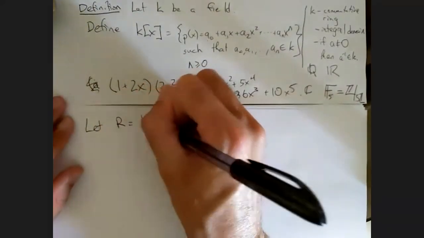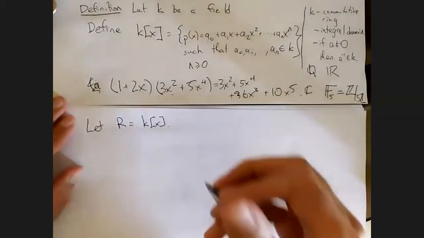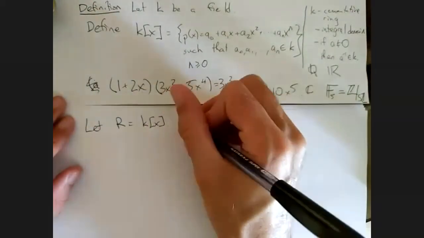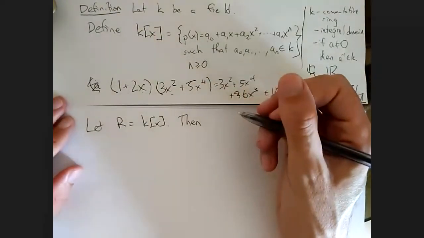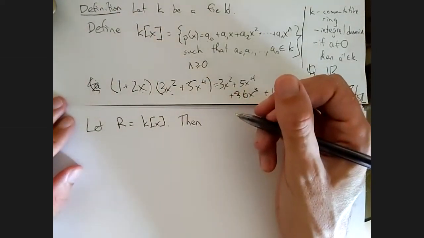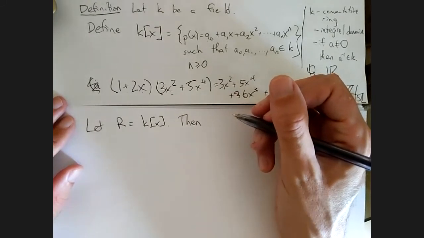Let R be a polynomial ring. Then every non-zero polynomial has a natural number associated to it called the degree.